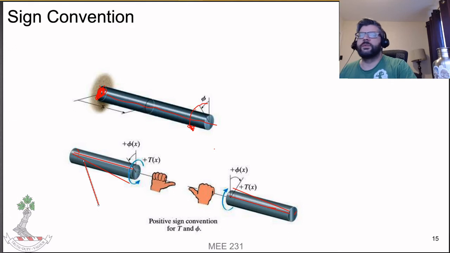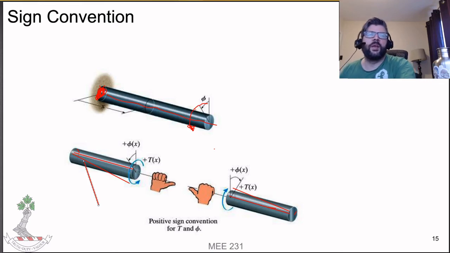So we'll do a quick example here. We've got a bar rod that has different torques applied to it at different segments.